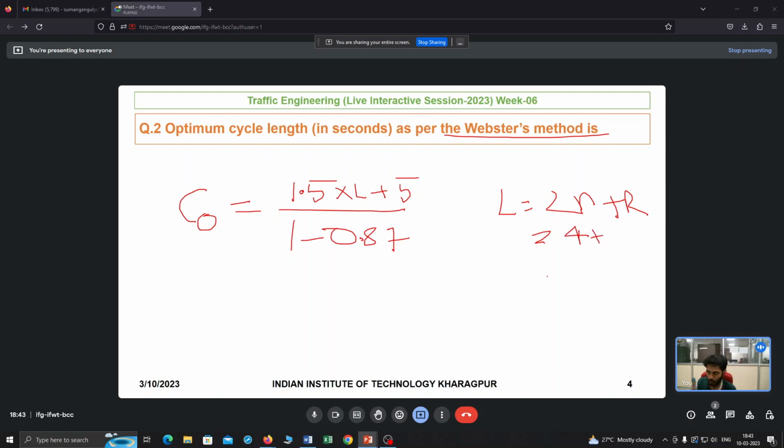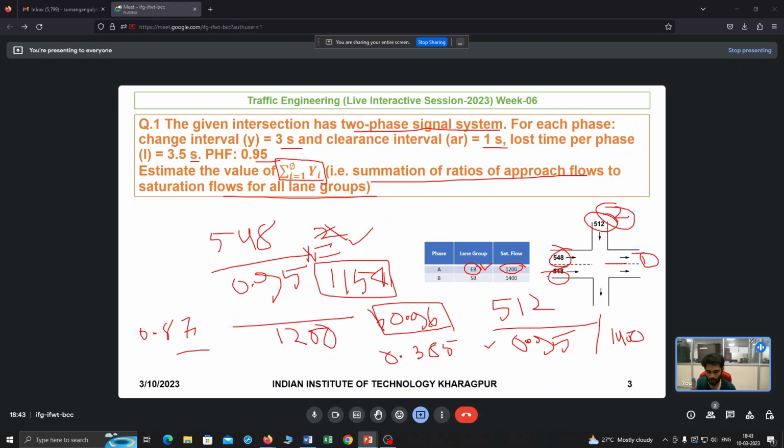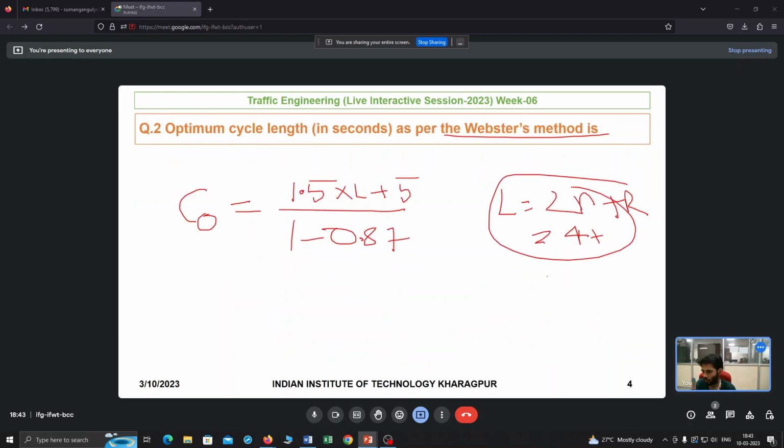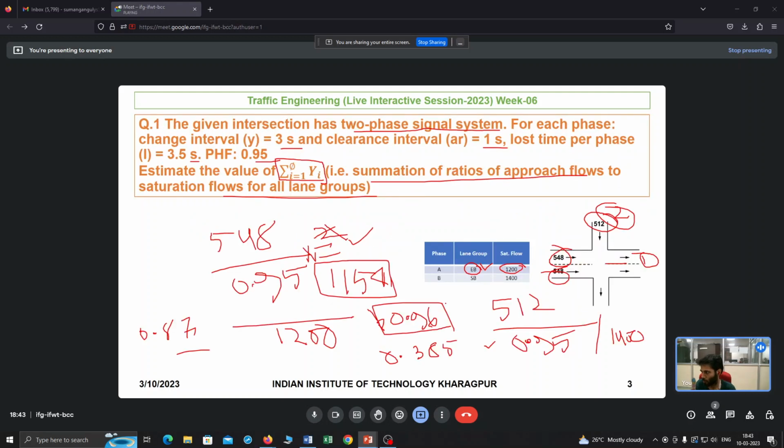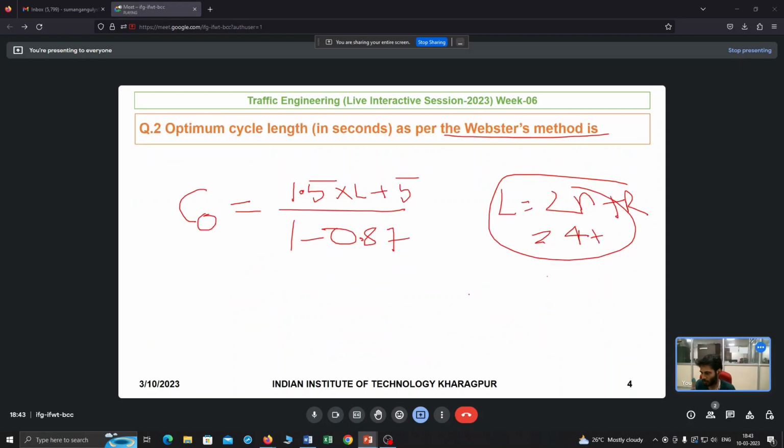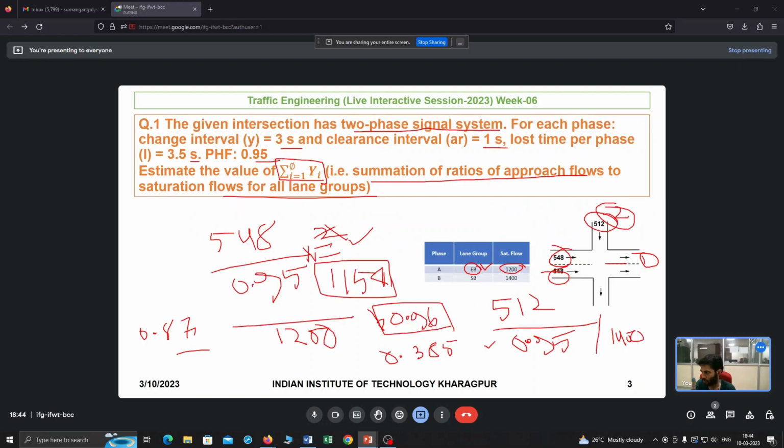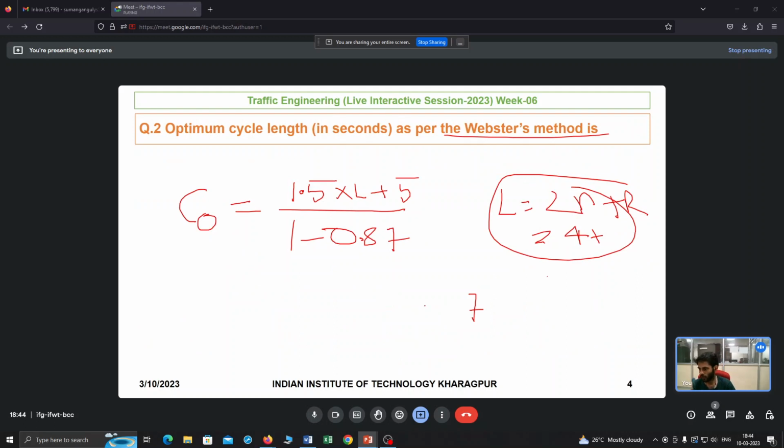Or it is given, so we do not need to use this formula. What is given is 3.5. So 3.5 into 2 is 7 seconds. So we are getting our lost time equal to 7 seconds.